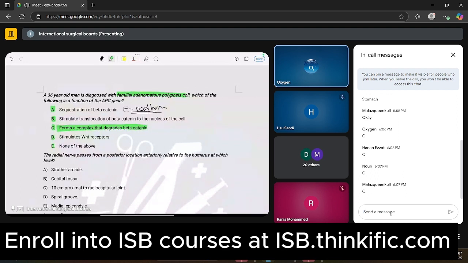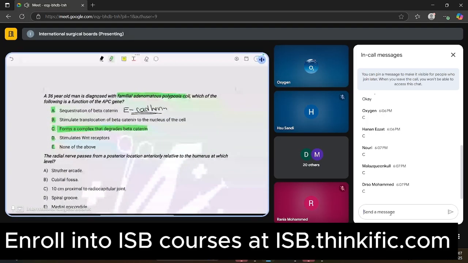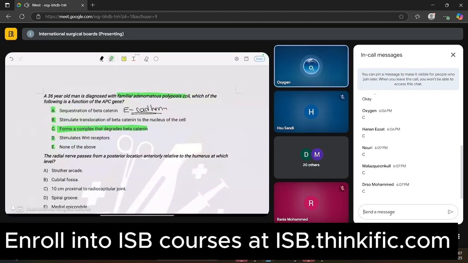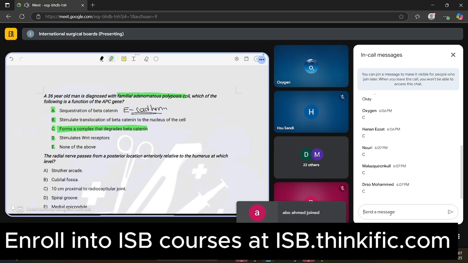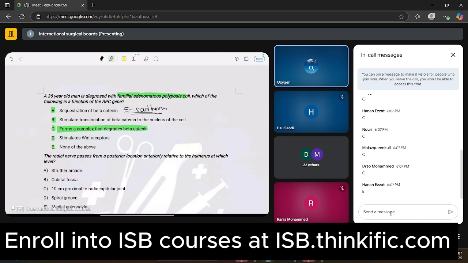I can't read E on my small screen. Okay, but the answer was medial. The last option is medial condyle. I've never heard of option A, whatever that is. Okay, I will explain that. So I think the answer is spiral groove, right? D. Okay.